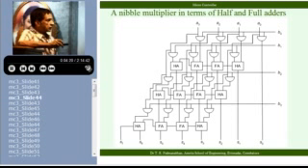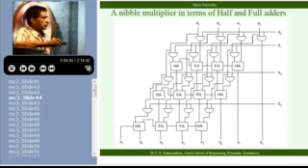Whatever the first set of 4 AND gates output, that will be the first partial product. Then I have taken B1 and again multiplied by A0, A1, A2, A3. That gives the next partial product, and I have aligned it properly.